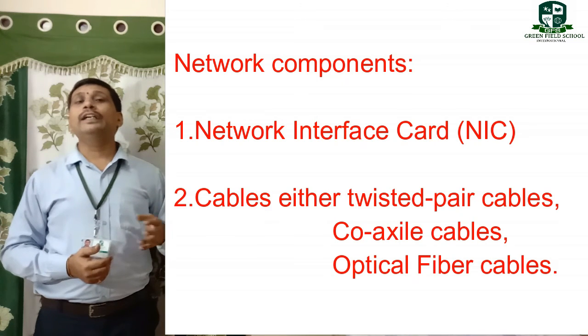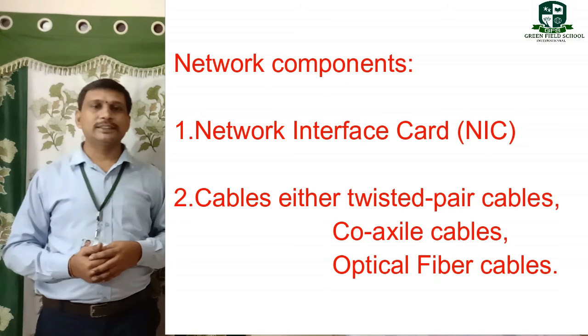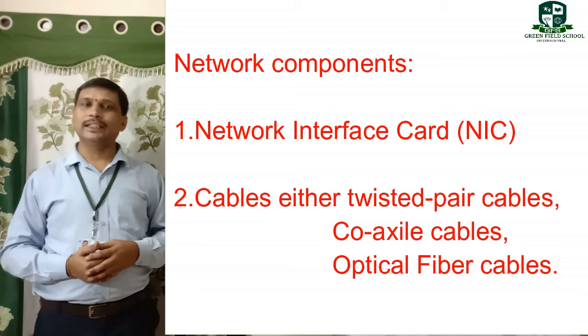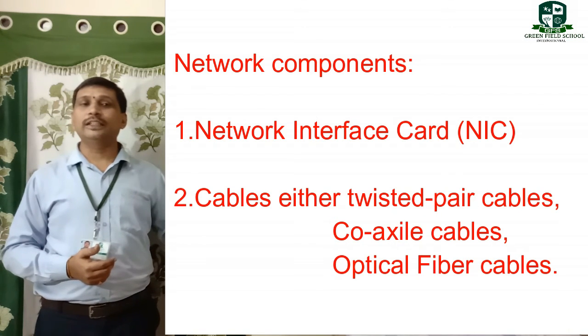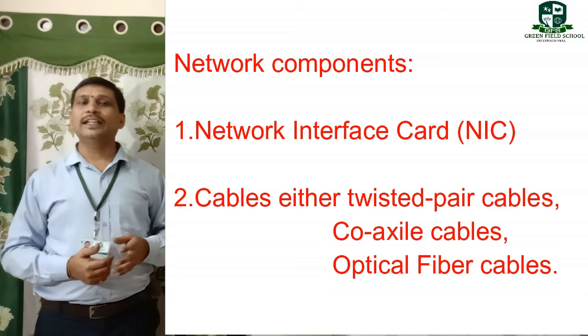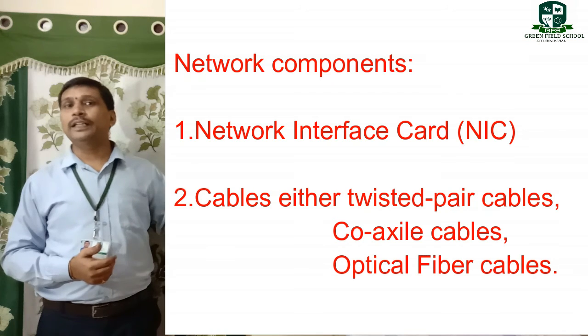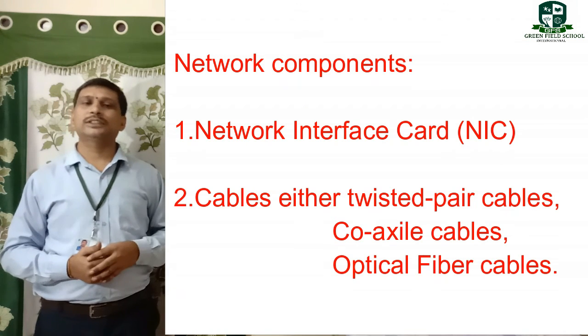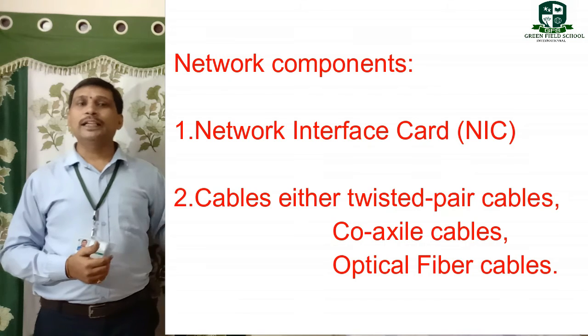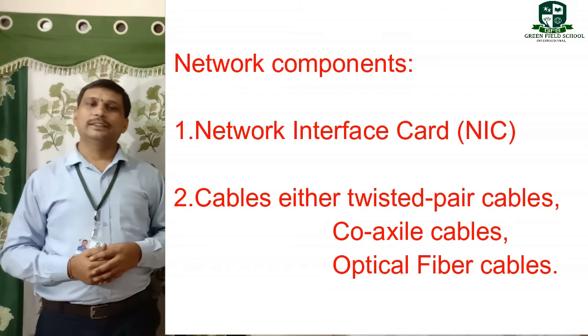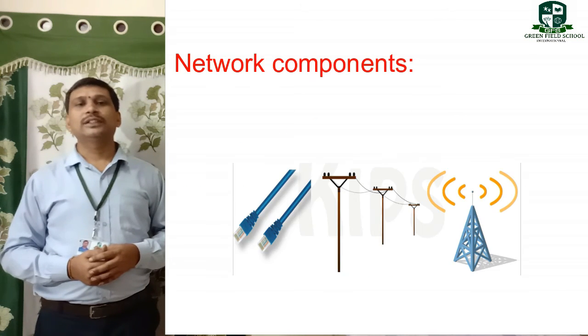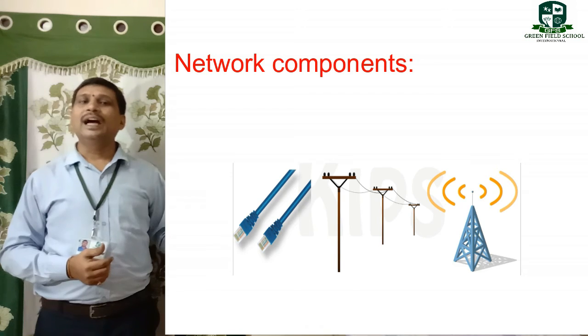There are different types of wires: twisted pair wires, RJ45 connectors. Wires are nothing but cables. There are different types of cables: fiber optic cables, twisted pair cables, optical fiber, infrared rays or optical beams. These all act as communication channels.